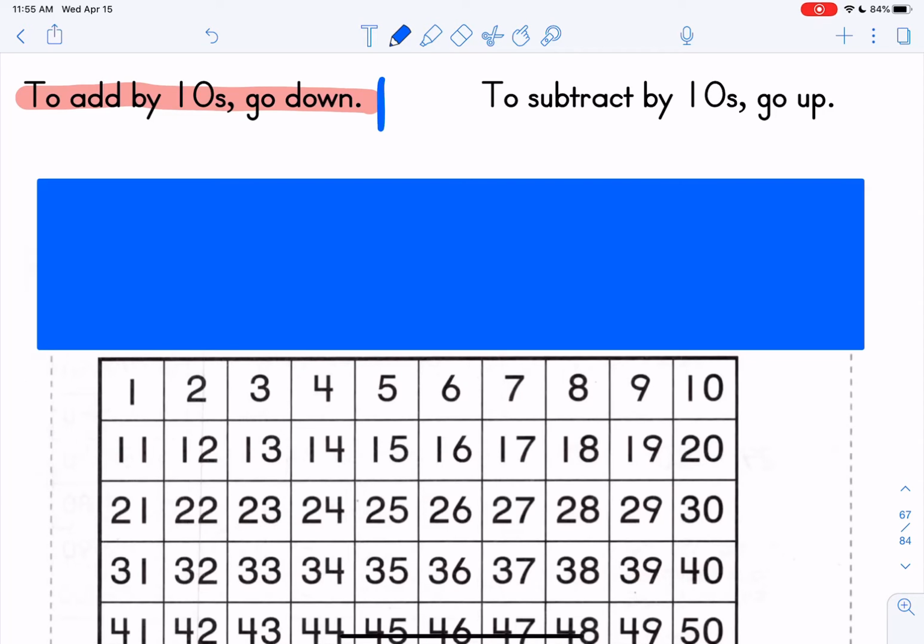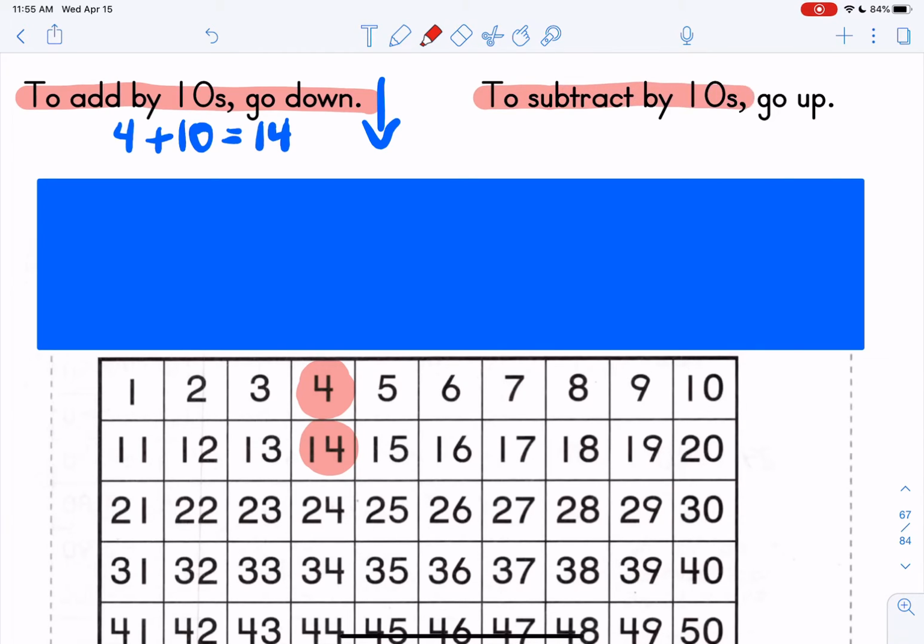If you look on the hundreds chart, let's say you were taking the number 4 and you were going to add 10 to it. 4 plus 10, you go down. What's your answer? 14. So we would say 4 plus 10 equals 14.